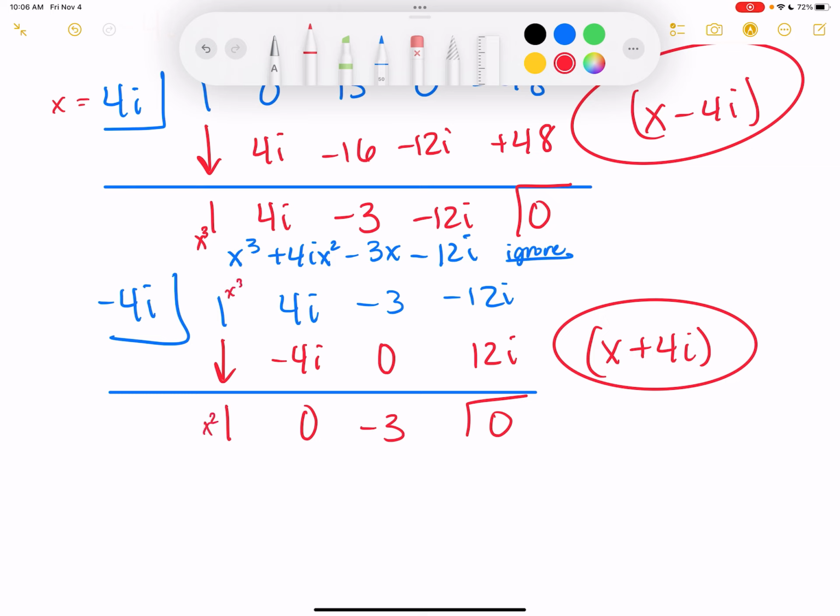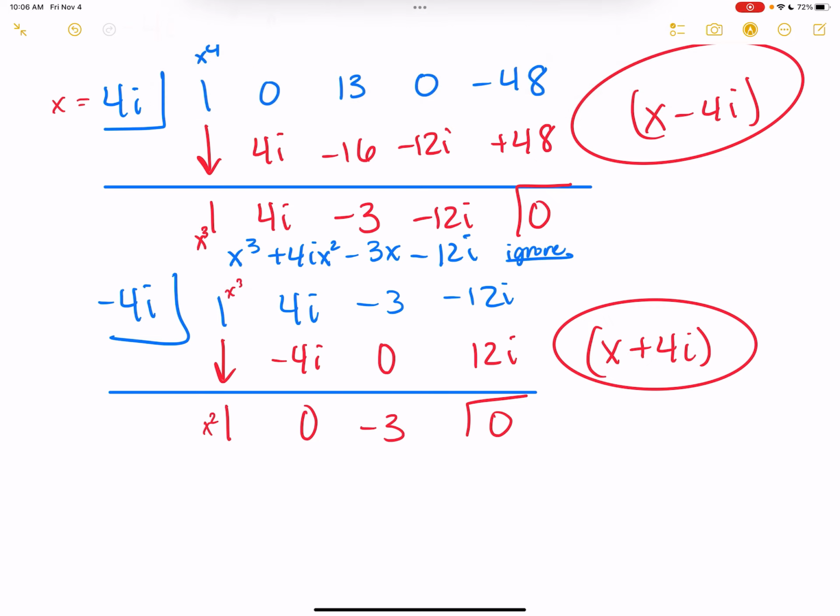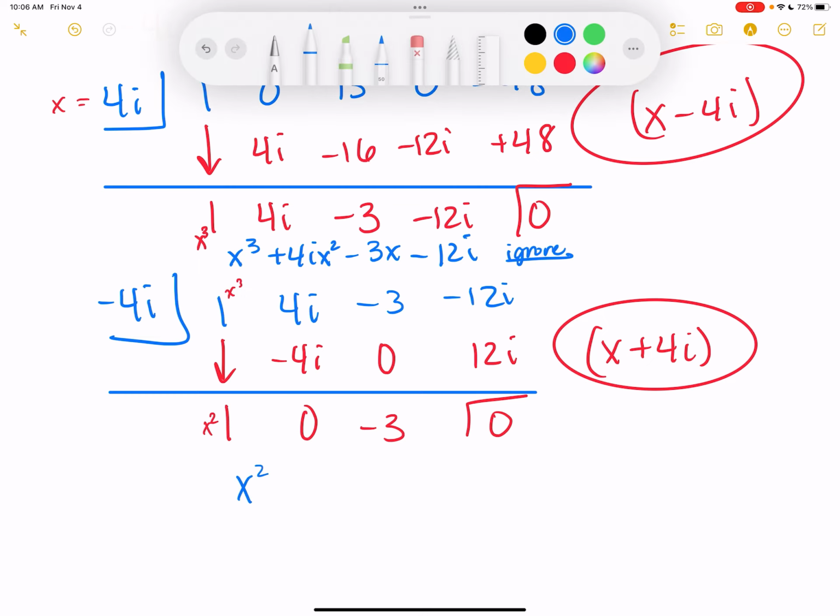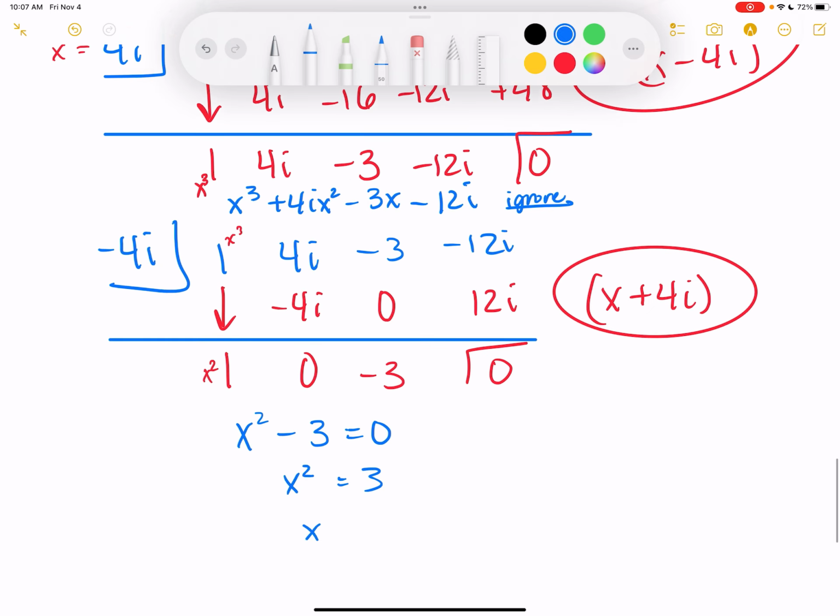There's no other zeros that were given to me, right? So I have now x squared minus 3 equals 0. So I need to find the other two factors. So x squared equals 3. Then x equals plus or minus the square root of 3. So I get two more factors from this: x minus the square root of 3 and x plus the square root of 3.